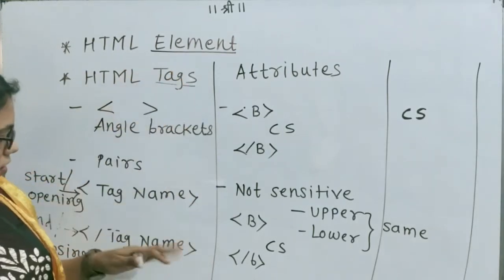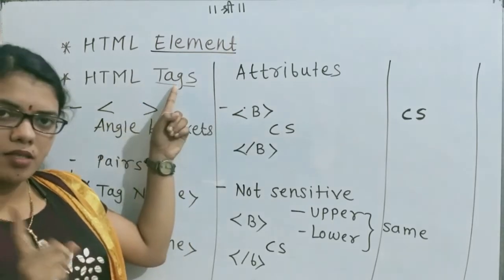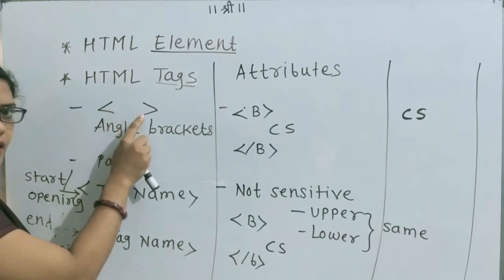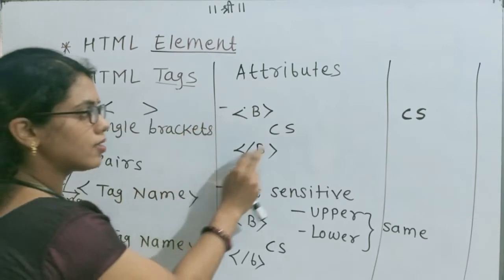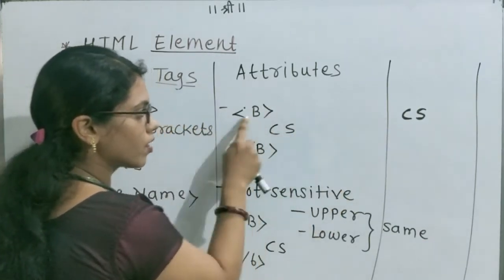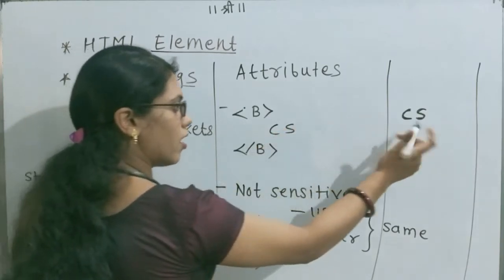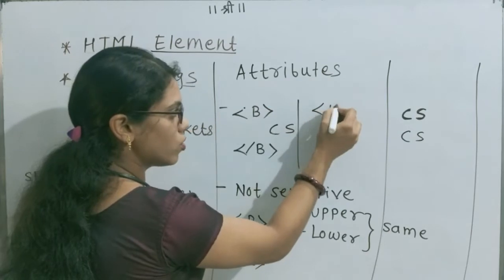Again, revising the HTML tag concept. The text between two angle brackets is called an HTML tag. For example, to display CS text in bold form, the B tag is used. To display CS text in underline form, instead of the B tag, we use the U tag.